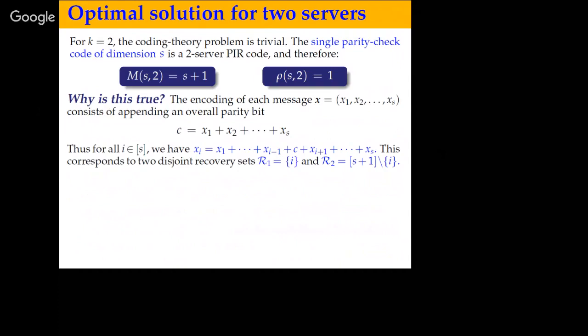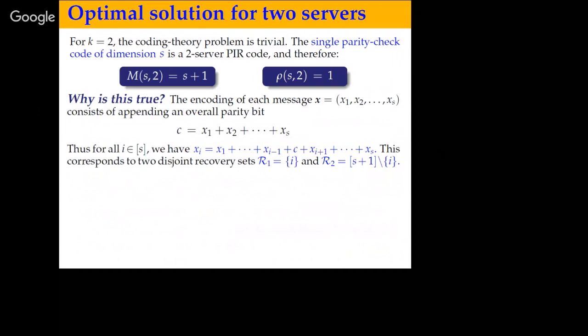Now, why does it have property P2? That's very easy. No matter which bit of the message I want, there have to be 2 disjoint recovery sets for it. What are these 2 disjoint sets? Well, I have the bit x_i in my codeword as is. It's part of the message, and it appears in the codeword. And then I add all the other bits, so this is addition modulo 2.